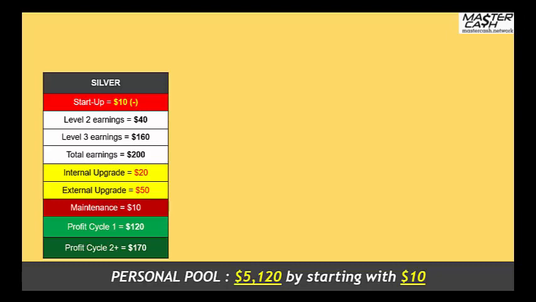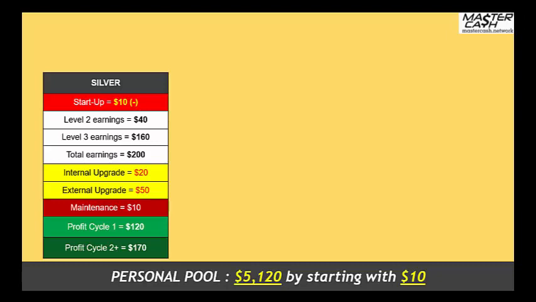In another video I'll show you about the global pool and the other pools, but the personal pool is the pool where you build the system yourself. So you enter and you build a team by recommending and recruiting other people to join you in your team. But in the global pool and other pools, it works differently, although they all use the same matrix formula to calculate your earnings. So I'll zoom into that later on.